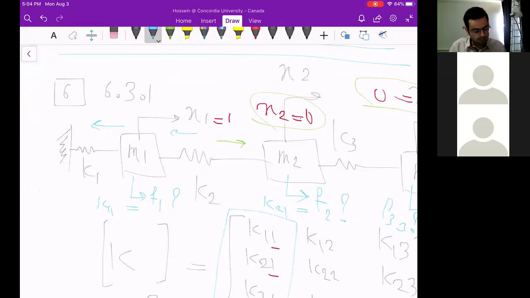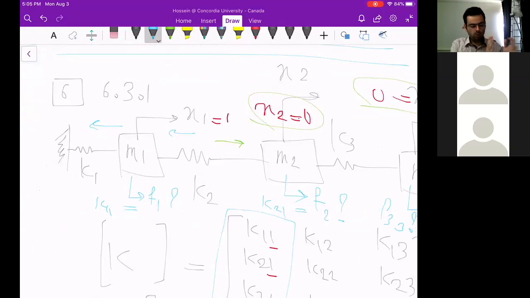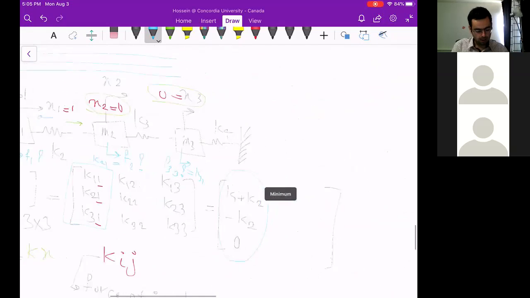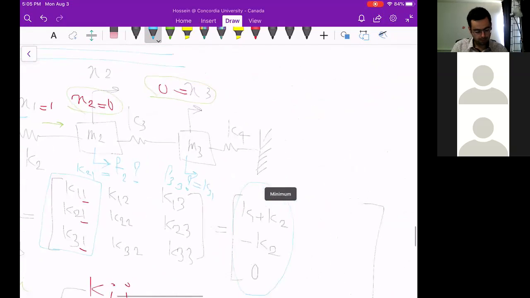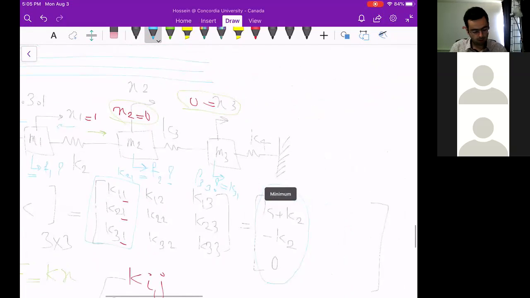So if mass 1 is displaced like 1 to the right, K1 and K2 will oppose the motion. So K1 multiplied by 1 plus K2 multiplied by 1. So K1 plus K2 is the resultant force applied to mass 1. So you just simply write K1 plus K2 as K11.